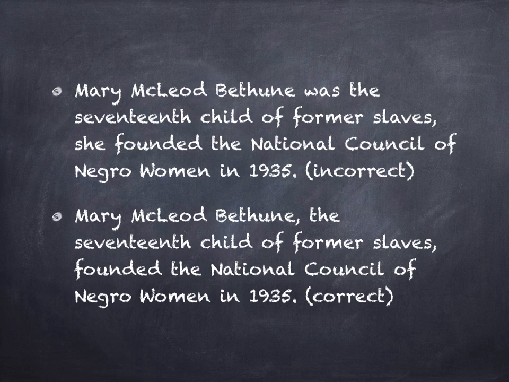By doing it this way, we've set this part up as an appositive, restating who Mary McLeod Bethune is, and we have separated it with commas, saying this is additional information that is not necessary, but the main point of the sentence is Mary McLeod Bethune founded the National Council of Negro Women in 1935. This truly is the best way to restructure this particular sentence.